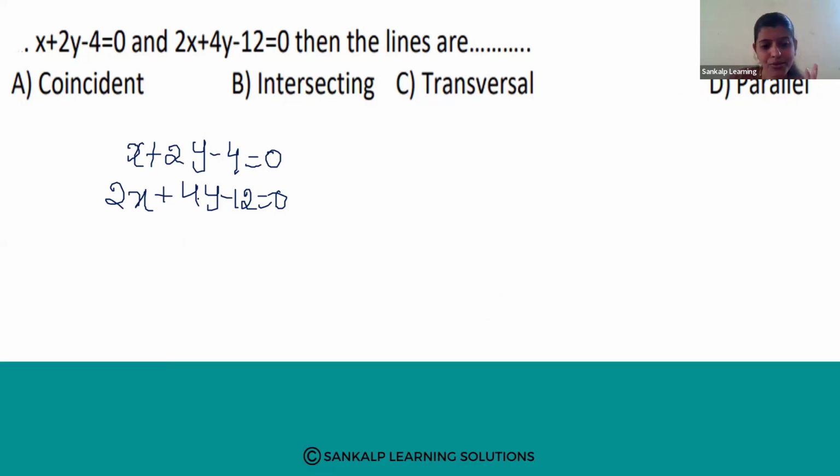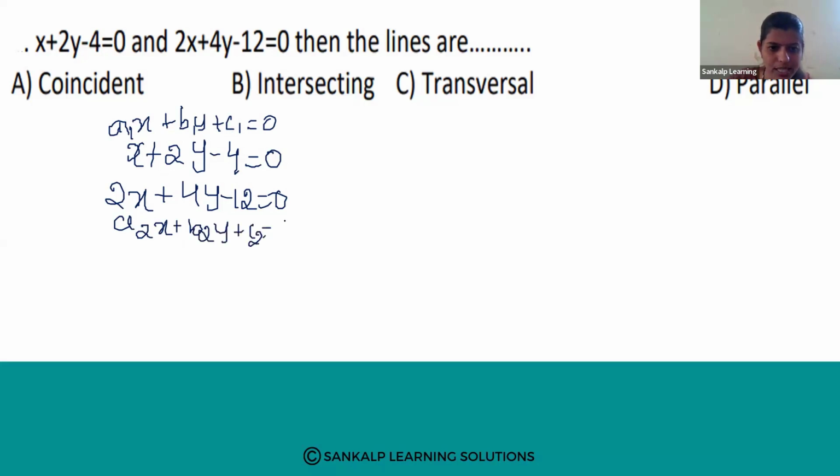First we need to compare the ratios, right? This equation is in the form a1x plus b1y plus c1 equal to 0, and this equation is in the form a2x plus b2y plus c2 equal to 0.